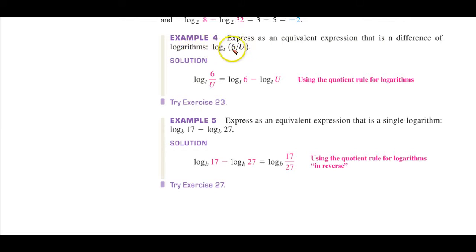Well, first of all, I don't like it written this way, but they do correct it down here. So all of this would be is to do the log base t of 6 minus, because it's division, log base t of u. So this is just the equivalent expression of this, showing you what we're doing.